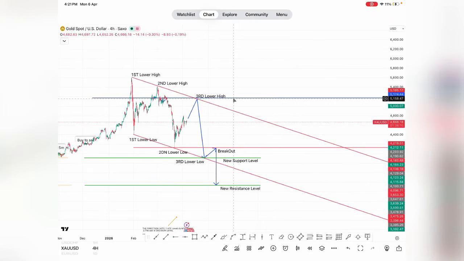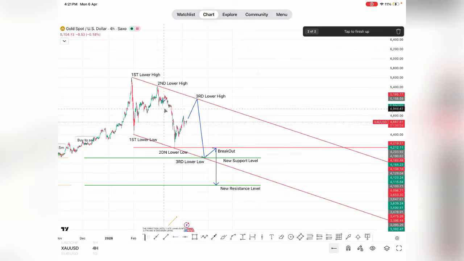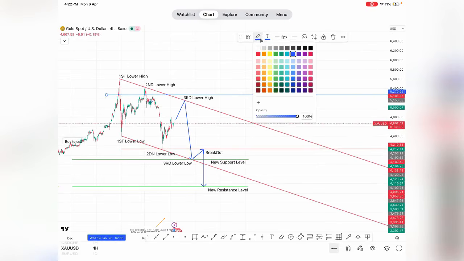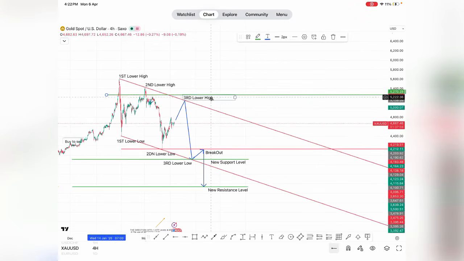I love the green so that the charts doesn't become too cumbersome. I still want to keep it very beautiful. So let's change to green.